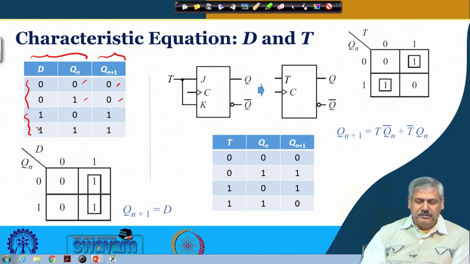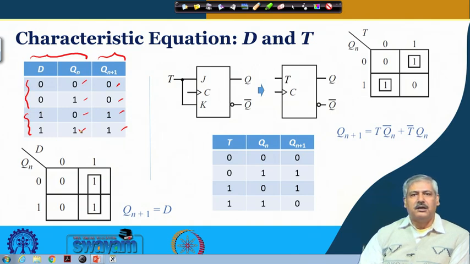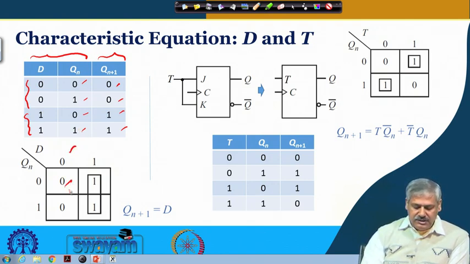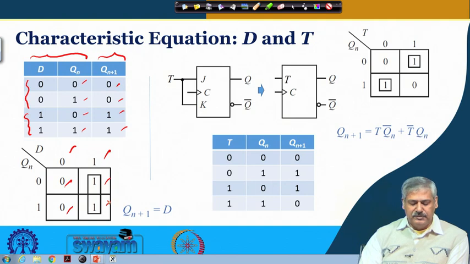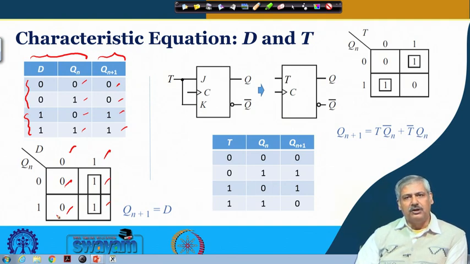Okay. This input is just pushed to the next state. If 1 is presented, the output will become 1 irrespective of the previous state. The next state will be 1. When we put it into the form of a Karnaugh map, we have two variables, so 4 such entries will be required. For D equal to 0, the next state is 0, irrespective of Qn being 0 or 1, and for D equal to 1, the next state is 1, irrespective of Qn being 0 or 1.